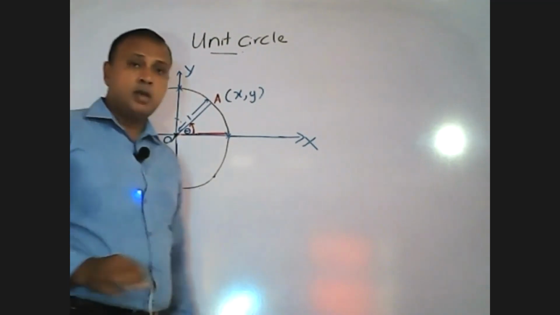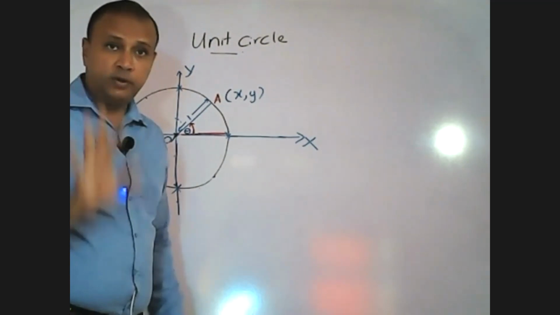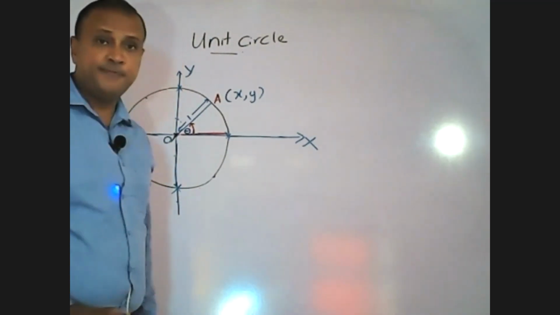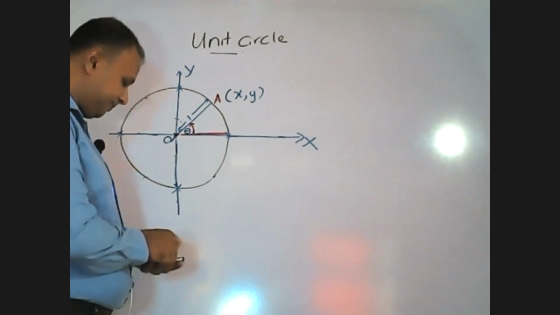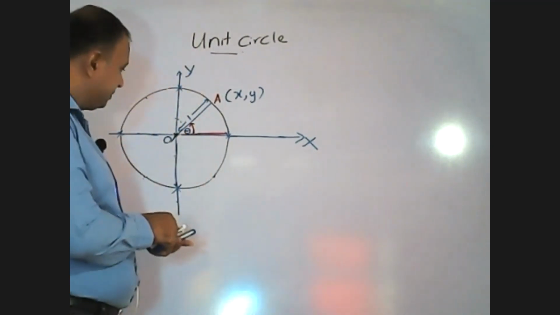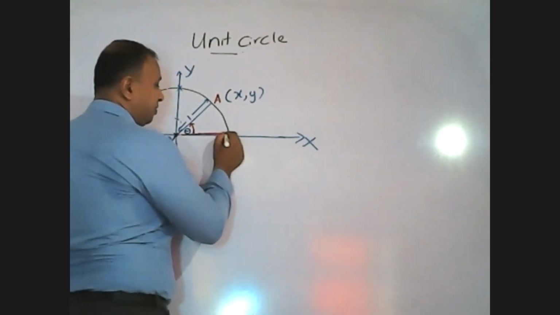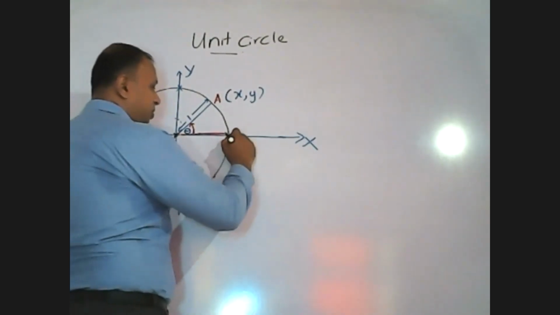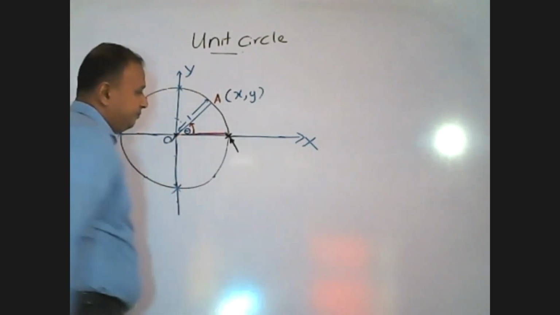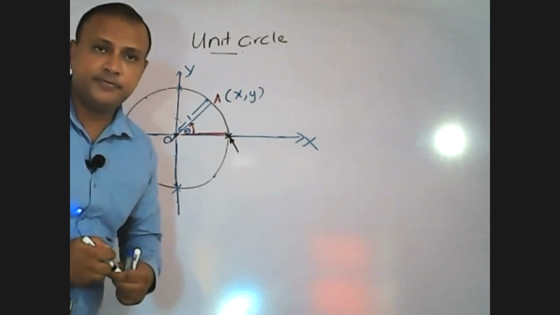Okay. Now you can draw this sketch. Before you draw this sketch, tell me this. I need your response, Puta. What is the Cartesian coordinate of this point? Please tell me.